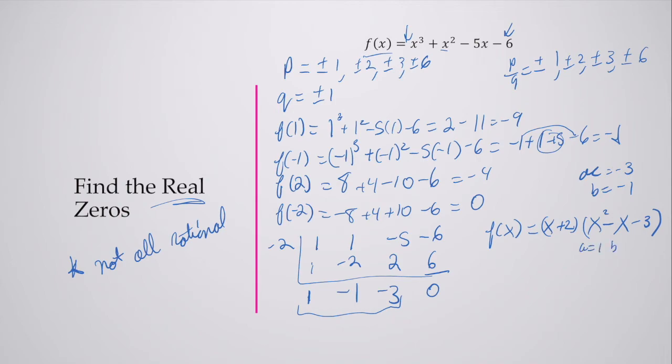A is 1, B is negative 1, C is negative 3. So I have x equals negative b, so 1, plus or minus the square root of b squared minus 4ac all over 2a.